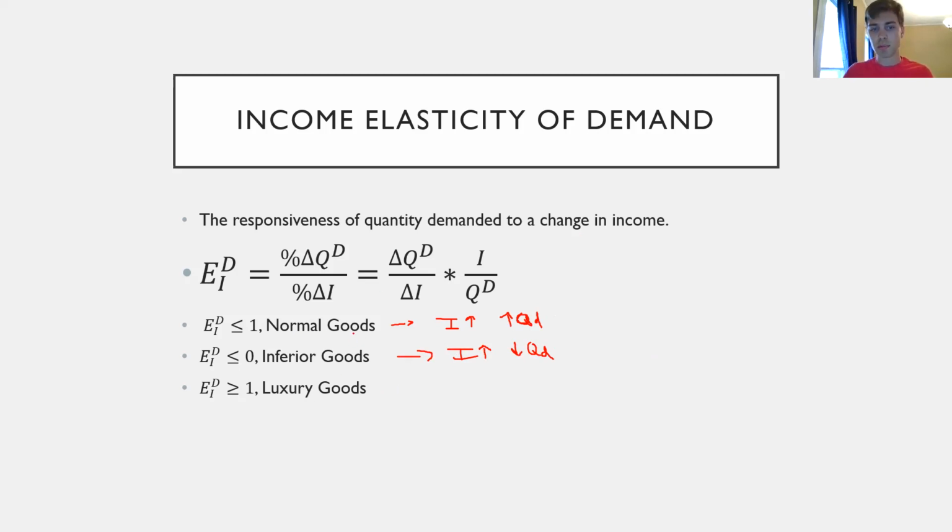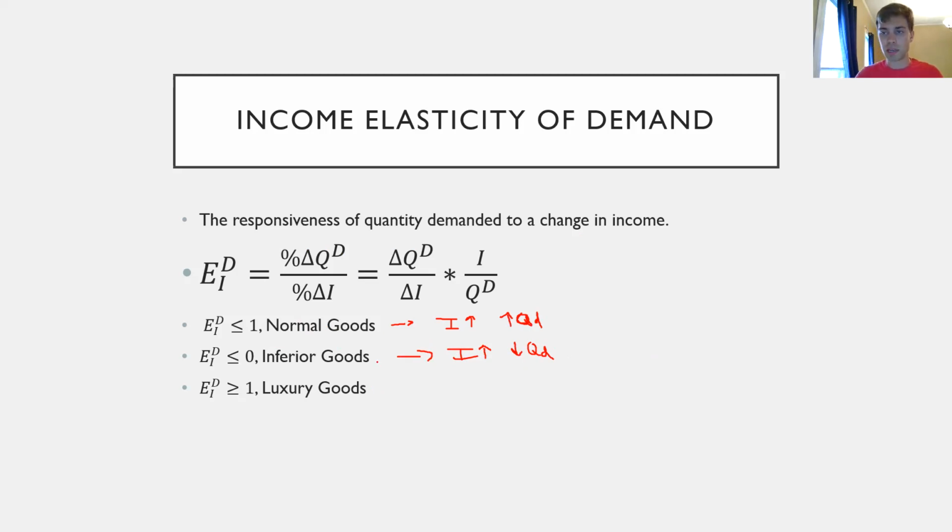Yeah, and so an example of a normal good is like pizza or computers or cars. If your income rises, you'll buy more pizza or things like that.